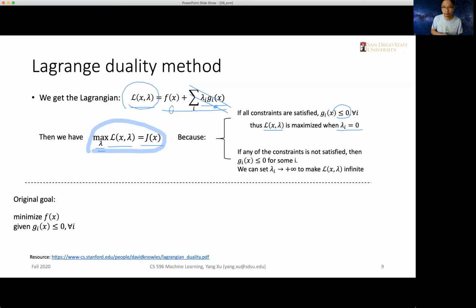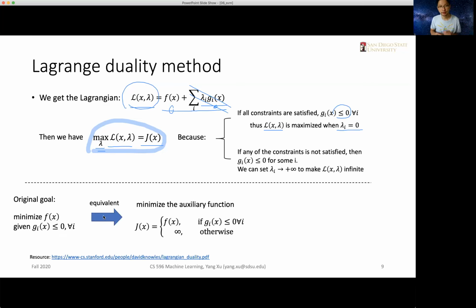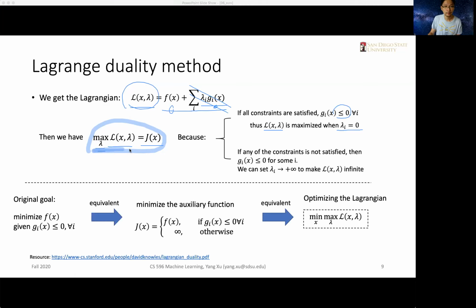Okay, so we kind of do a series of conversions, right? We start from the original goal, which is to minimize f of x given some constraints, and it is equivalent to minimizing the auxiliary function J of x. And further, the auxiliary function is equivalent to maximizing the Lagrangian with respect to lambda. So altogether, combining these two steps, the original problem becomes this duality problem.